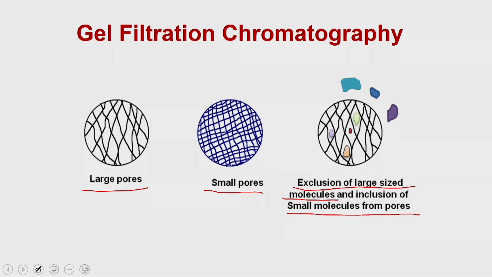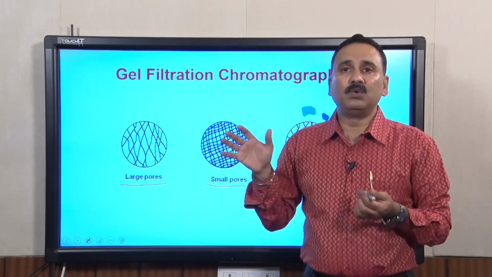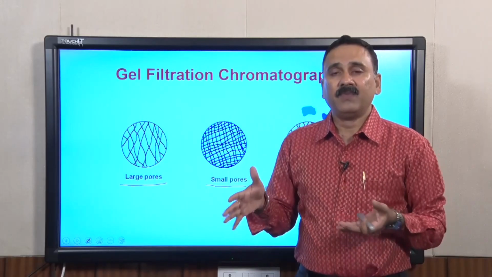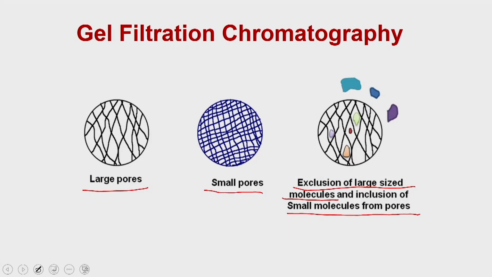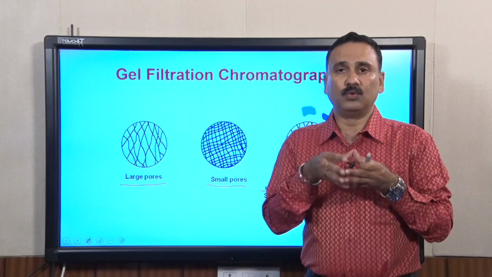This is exactly the reverse. In most cases of filtration, the small molecules pass through the pores, whereas the larger molecules are retained. In gel filtration chromatography, you exclude the larger molecules and retain the smaller molecules in those pores.